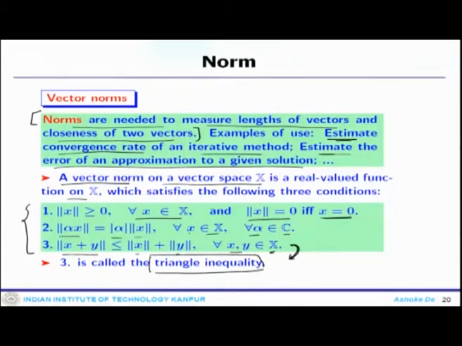Why? Because if you have two vectors x and y, you can always form a triangle. This is y, and this could be x plus y. That is what is called the triangle inequality.